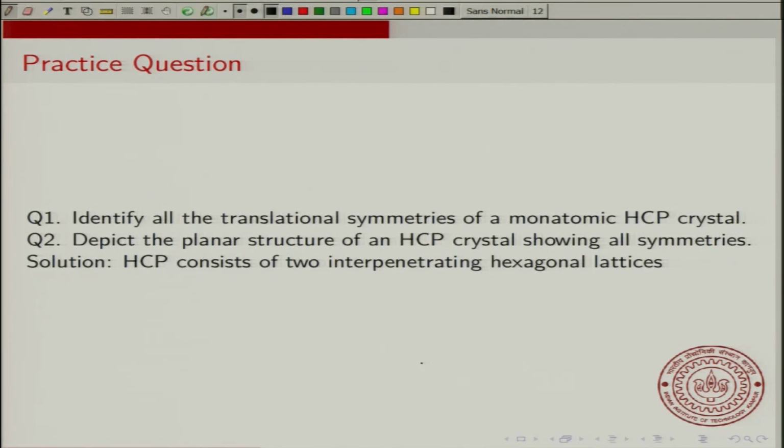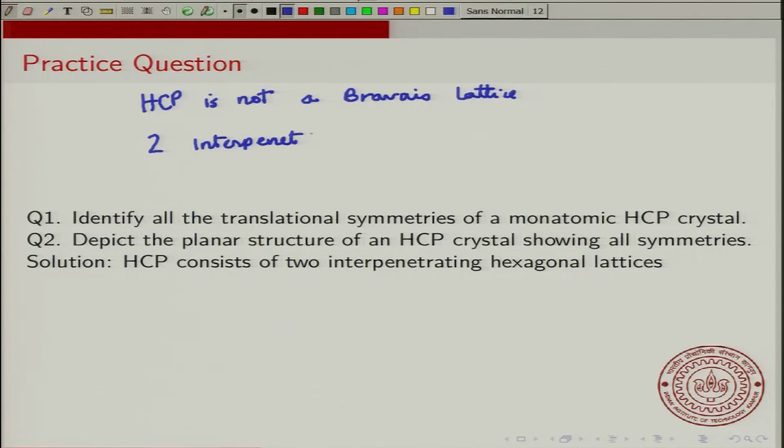So you should keep in mind that HCP is not a Bravais lattice, and it consists of 2 interpenetrating hexagonal lattices.